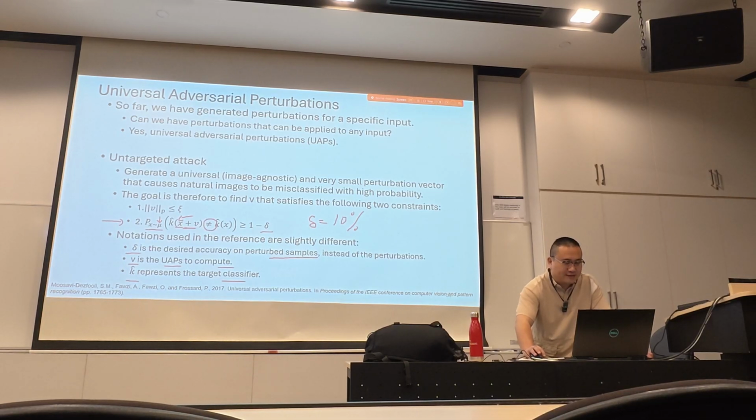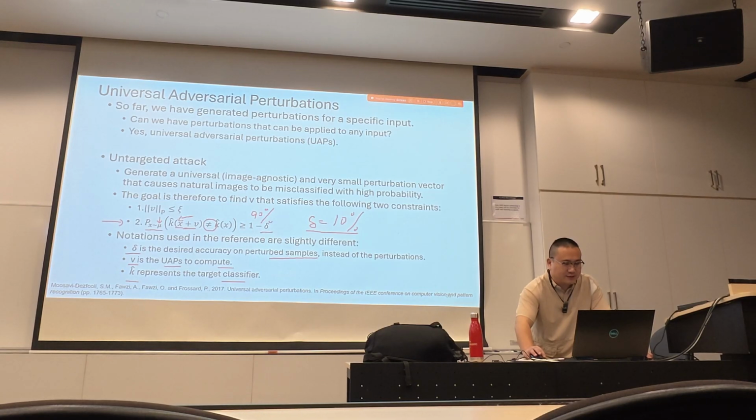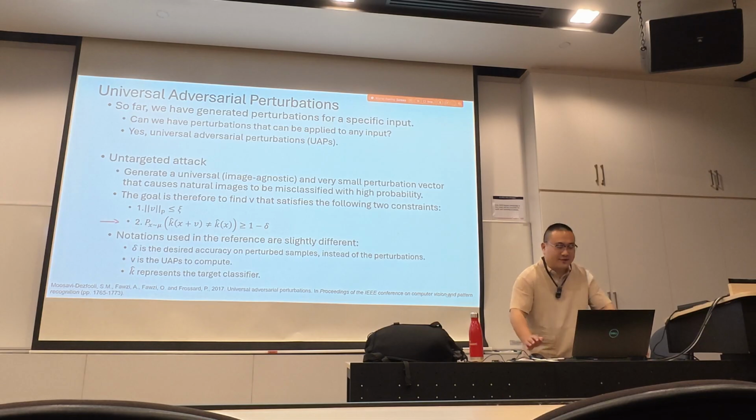We have set the desired accuracy, for example 10%, so 1 minus 10% is 90%, and we have a success rate of 90%. The second constraint just means that we want to fool the model with a specific probability. For example, 90% of the time, we want the model to predict incorrect labels when we add the perturbation to the input.